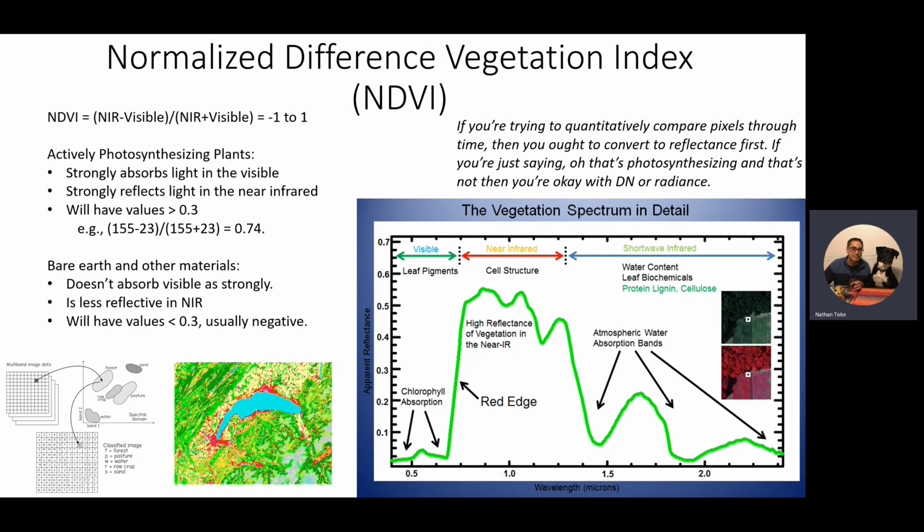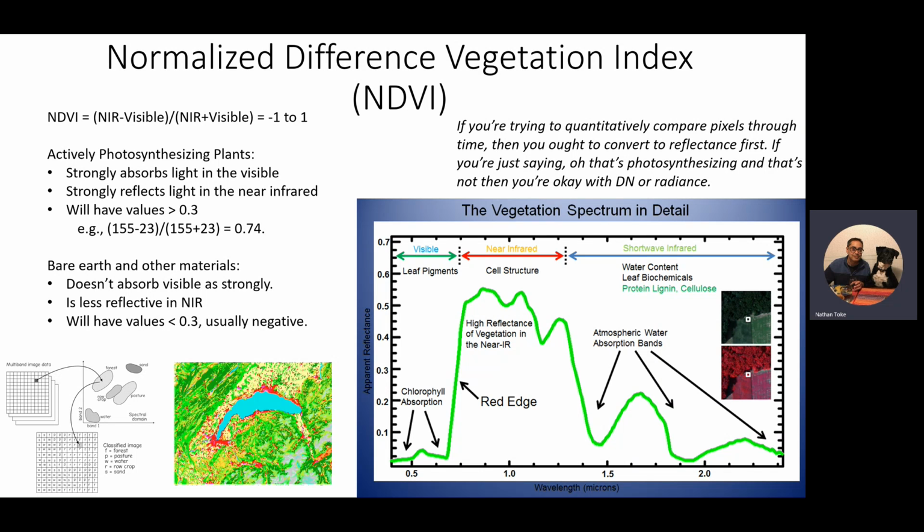And basically you calculate it by taking values of the near infrared light coming to the sensor, subtract from it the value in the visible light, and then divide by near infrared plus that same visible light. This will yield values of -1 to 1.